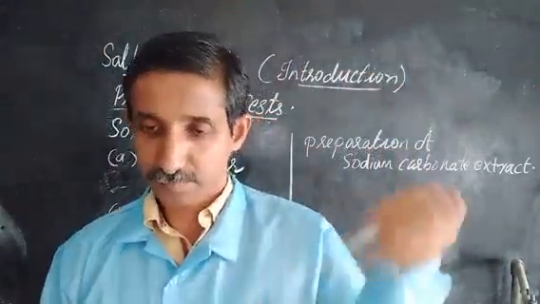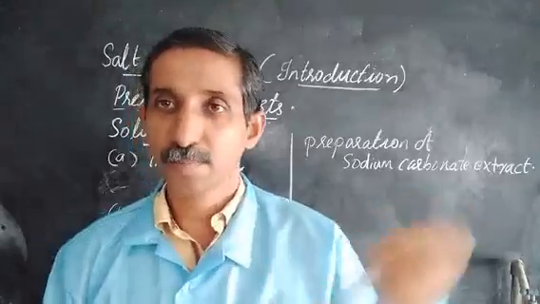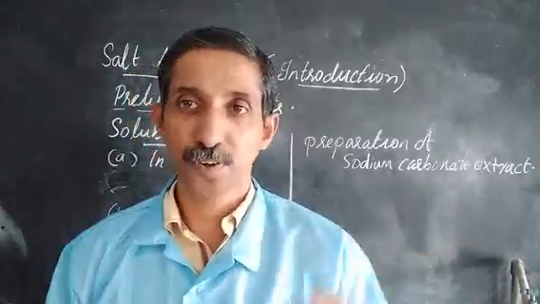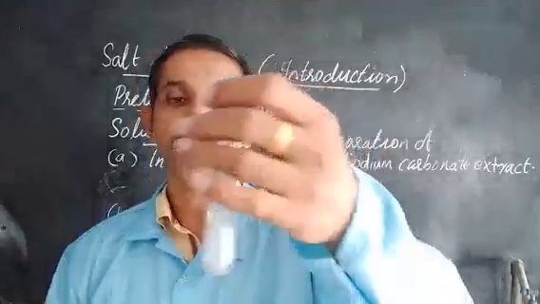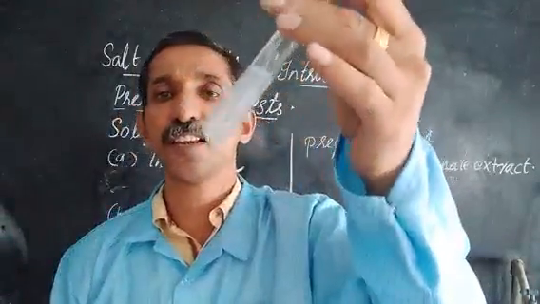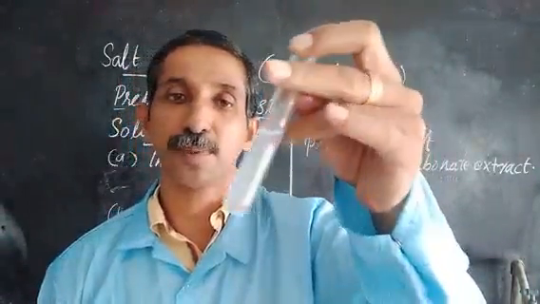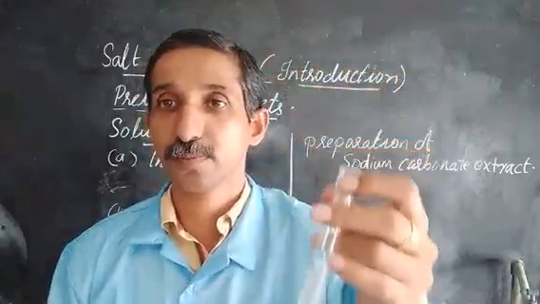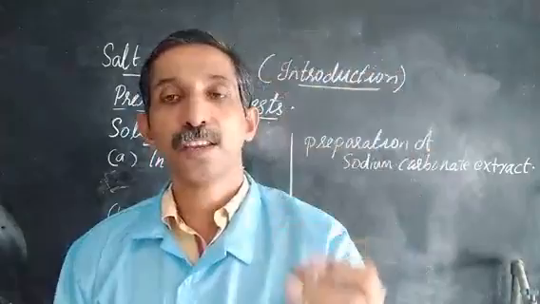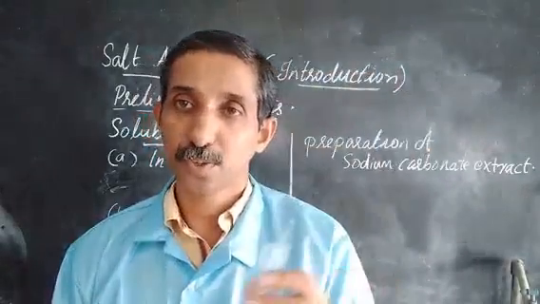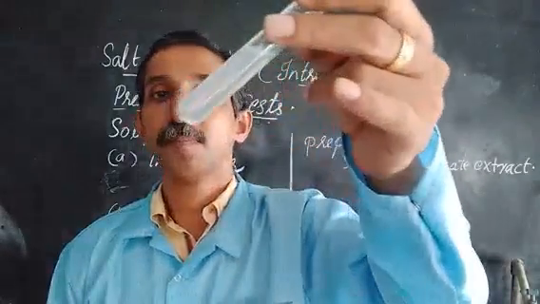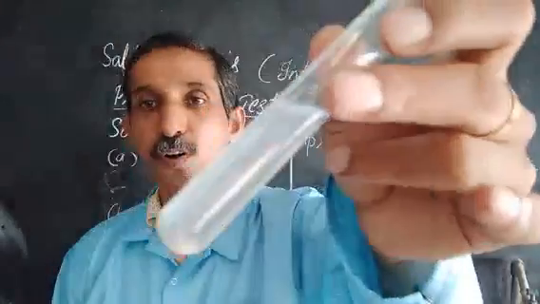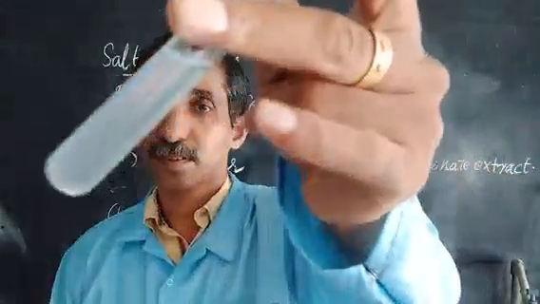When you take the salt for checking the solubility, only take a very little bit of the salt. Very little bit will be enough. Otherwise, if you take too much salt, you may have to add excess solvent, and then you may get confused whether it's soluble or not. So better take only a very little bit of the salt.